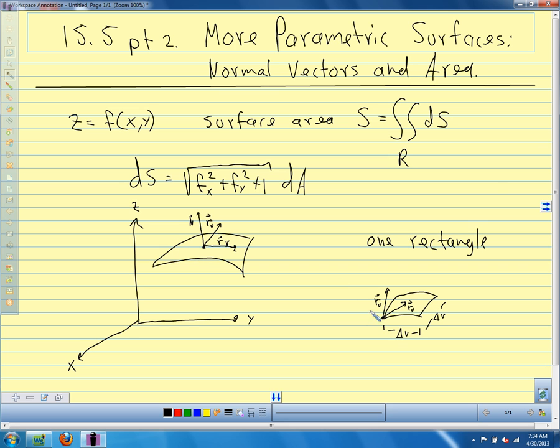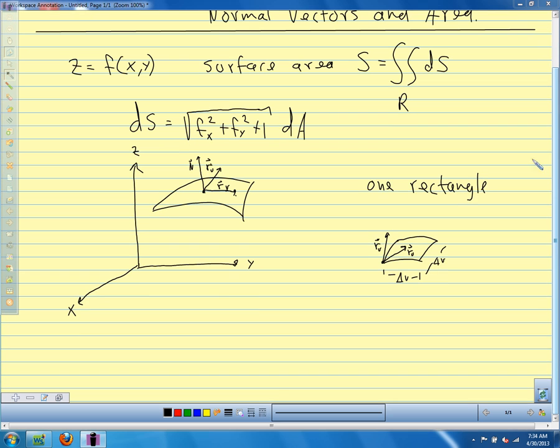So these partial derivatives, these vectors, are tangent vectors to a point on the surface, and our normal vector is going to be given by the cross product of these two vectors. So that's going to be normal to our surface.